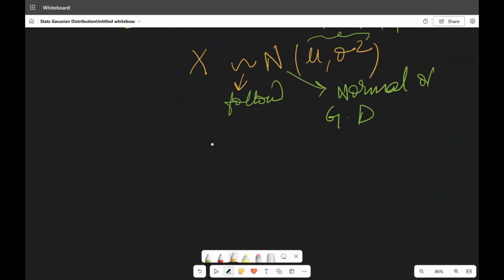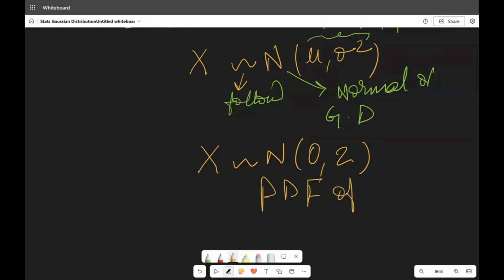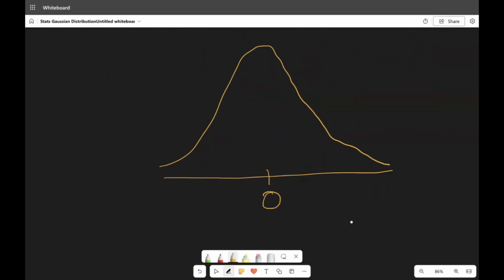Now, if somebody says X is normally distributed with mean 0 and variance 2, as soon as I see this, I can plot the probability density function, the PDF of X, with mean at 0. So let me plot this first. I have plotted the probability density function of X with mean at 0.